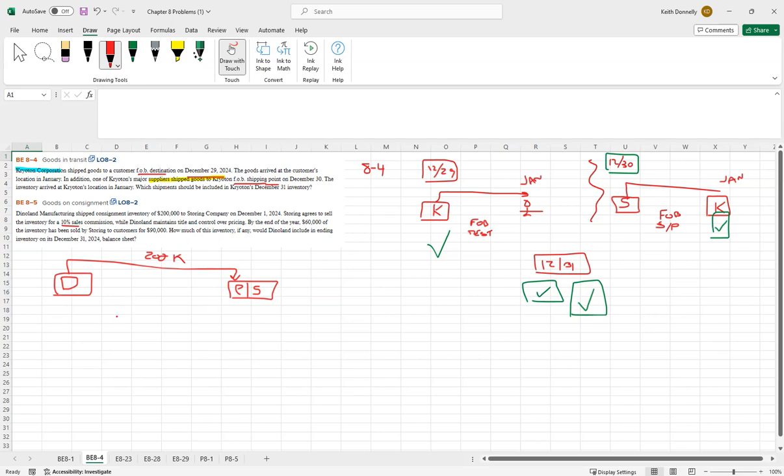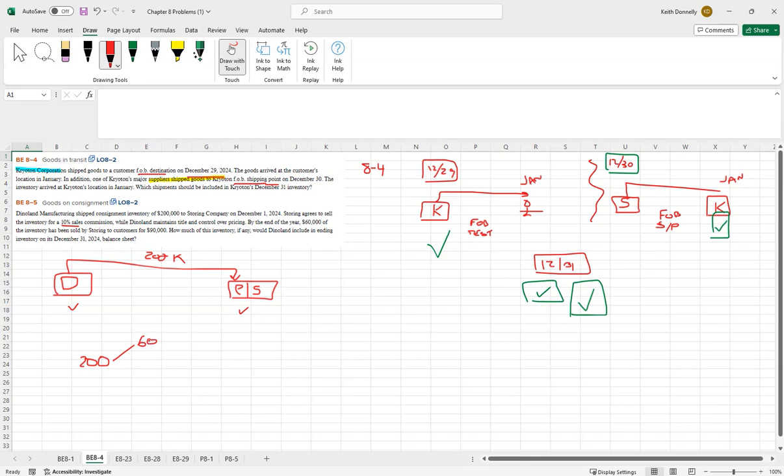All right, so we know the rule here is when you have this consignment arrangement, in other words, we're the consignor, we basically give these goods' physical possession to the consignee. Unless and until the pawn shop sells those, they are our goods. In this case, we gave 200,000, the cost of that inventory.